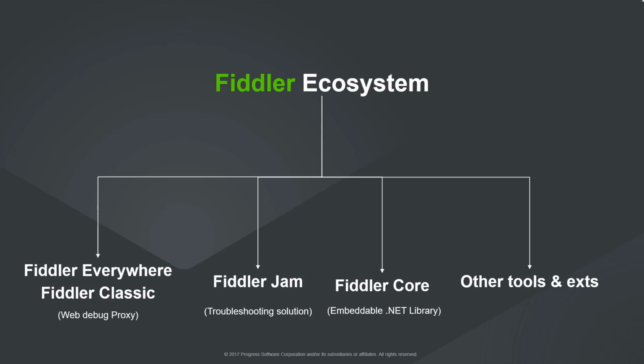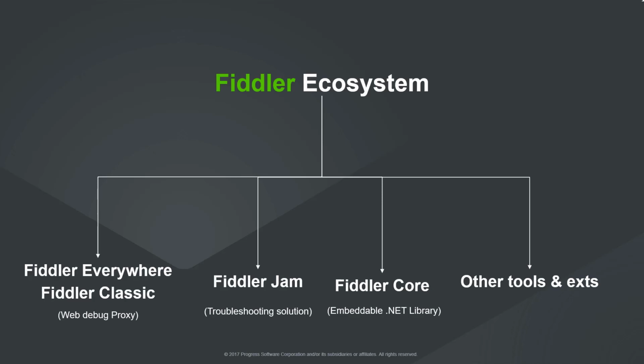And this is the brief overview of the Fiddler ecosystem of products. So first we have the web debug proxy tools, which are Fiddler Everywhere and Fiddler Classic. Fiddler Classic is the original Fiddler tool that is very functional and has seen the test of time. And Fiddler Everywhere is the new tool that is built from the ground up to support all major platforms and with collaboration in mind.